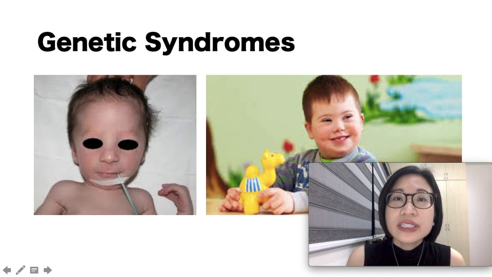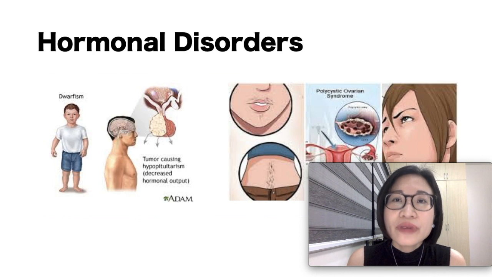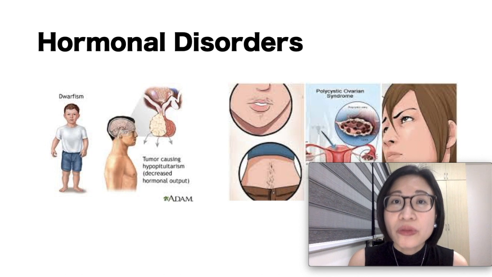Now we are going to discuss some of the reasons why a child might be overweight or obese. One reason is that he or she might be predisposed to being overweight or obese because of a certain genetic syndrome, examples of which are Prader-Willi syndrome, Turner syndrome, and Down syndrome. Another reason might be because of hormonal disorders that cause weight gain, for example, growth hormone deficiency or growth hormone resistance and polycystic ovaries.